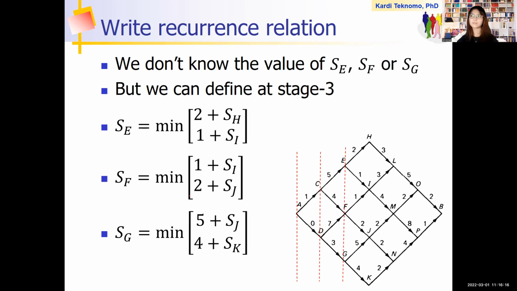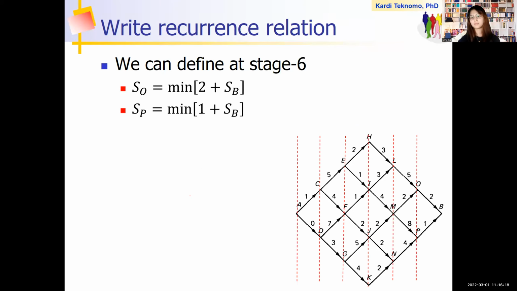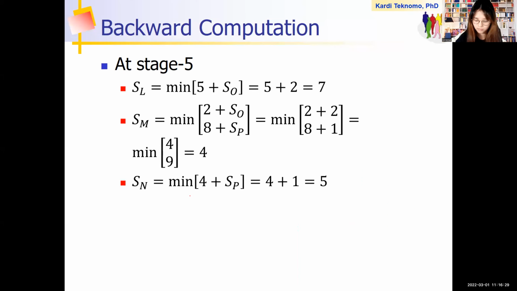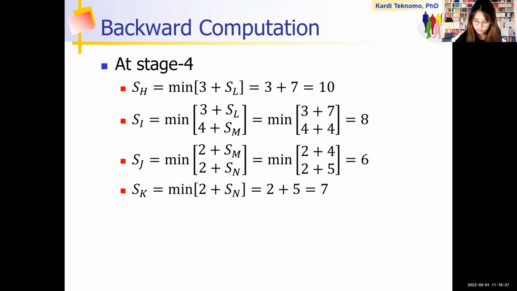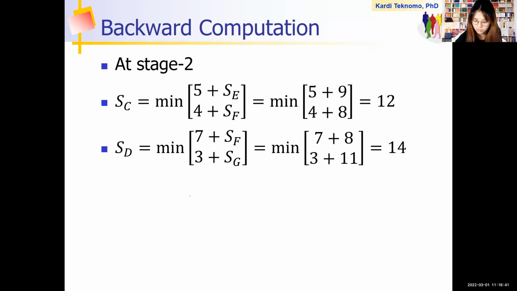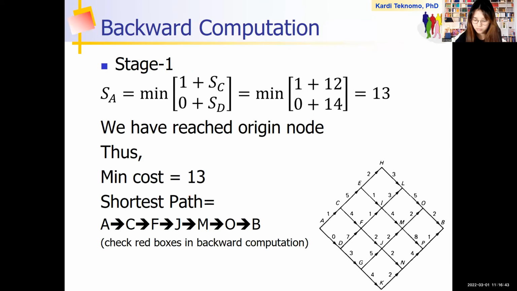So this is the backward computation. At state 6, you already know SO and SP, and then come back again to stage 5, then state 4, then state 3, then state 2, and finally go back to stage 1 to reach the origin.